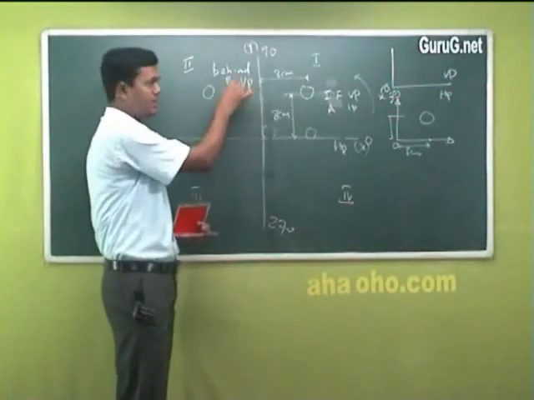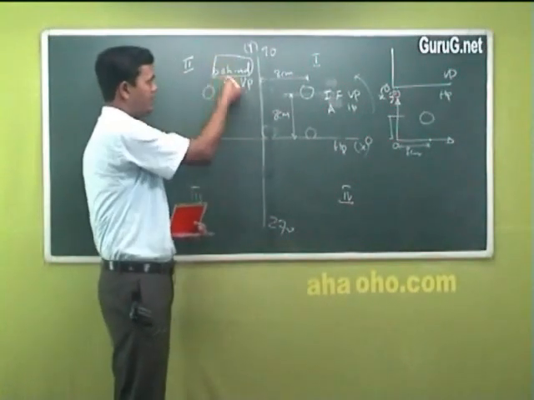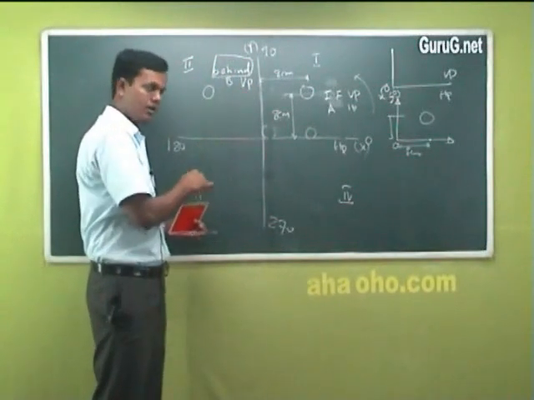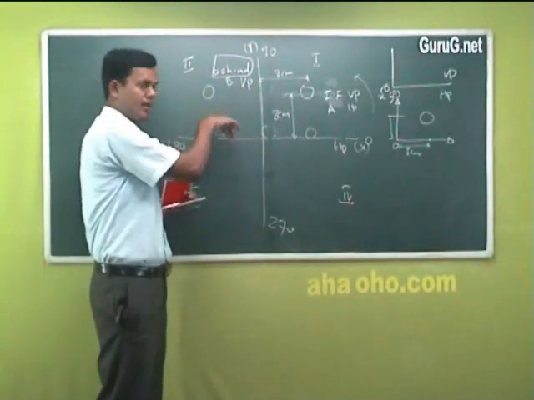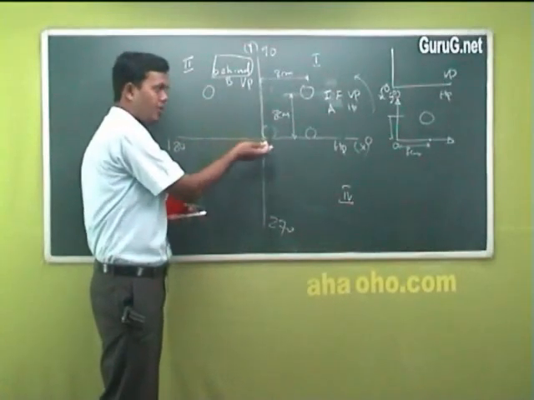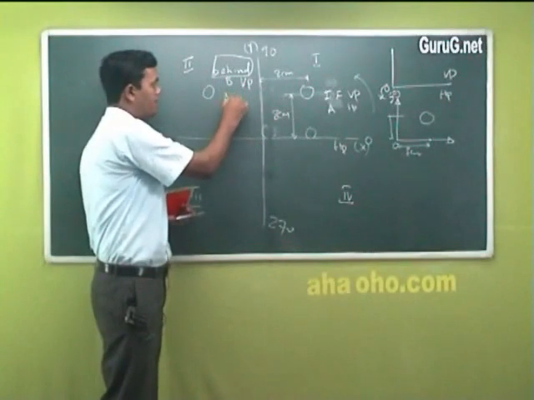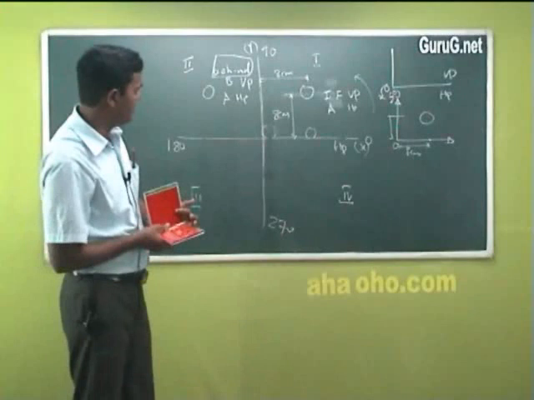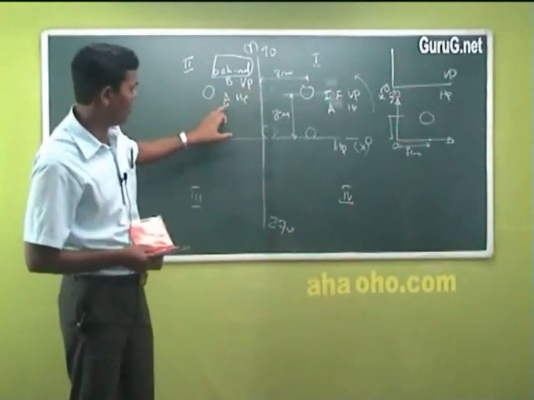I am writing the abbreviation; this is the original word. It is behind VP and again above HP. Is it okay? This is behind VP and above HP.